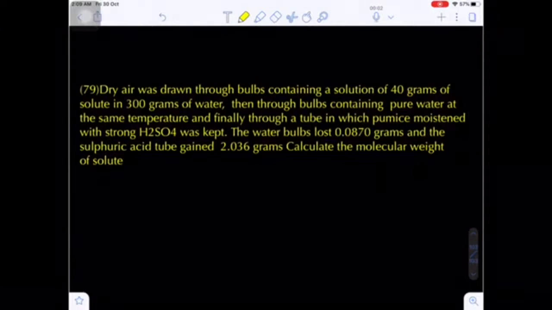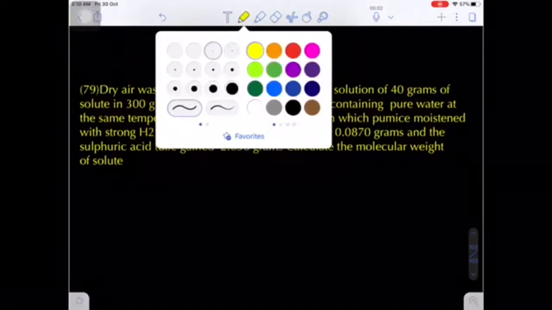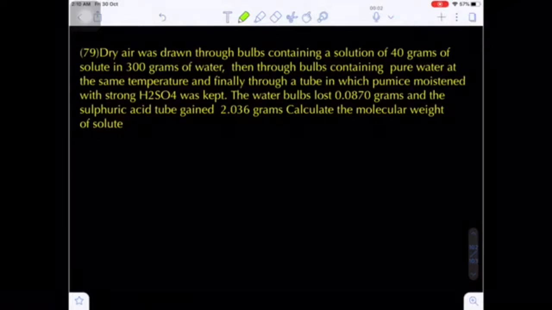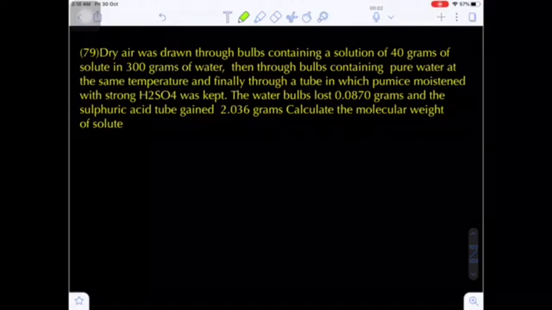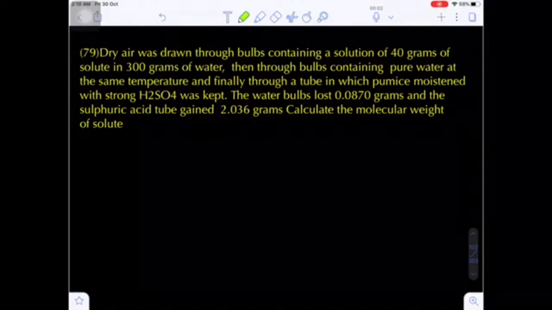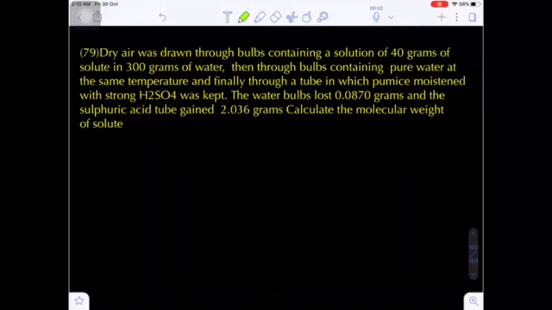Question number 79. In this question, dry air was drawn through the bulbs containing a solution of 40 grams of solute in 300 grams of water, then through the bulbs containing pure water at the same temperature, and finally through a tube in which pumice moistened with strong sulfuric acid.